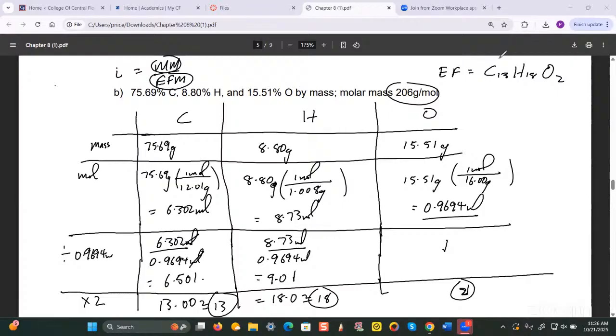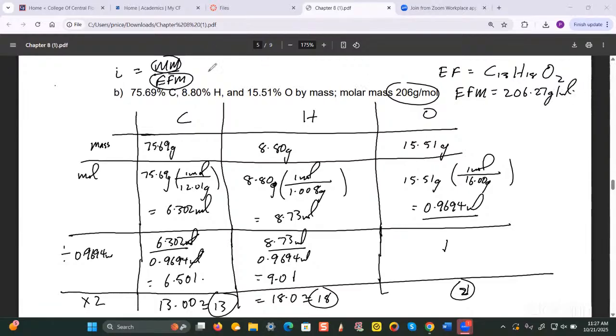And guess what? According to my calculation, the empirical formula mass is equal to 206.27 grams per mole. All right.